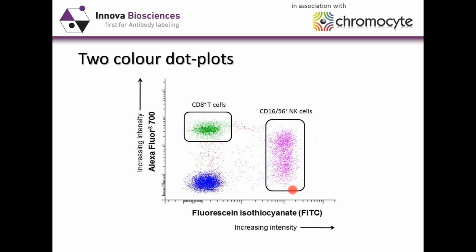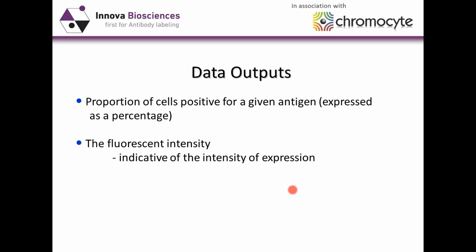And so the two key elements of a flow cytometry experiment when it comes to the data that you're pulling from it are the two primary data outputs: the proportion of cells which are positive for a given antigen, which is typically expressed as a percentage, but also the fluorescent intensity of that antigen.